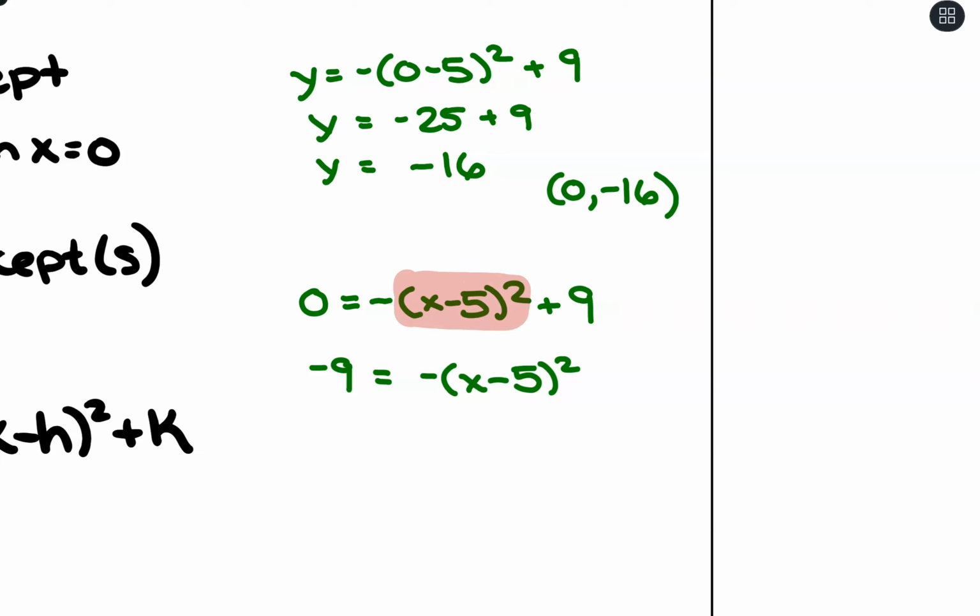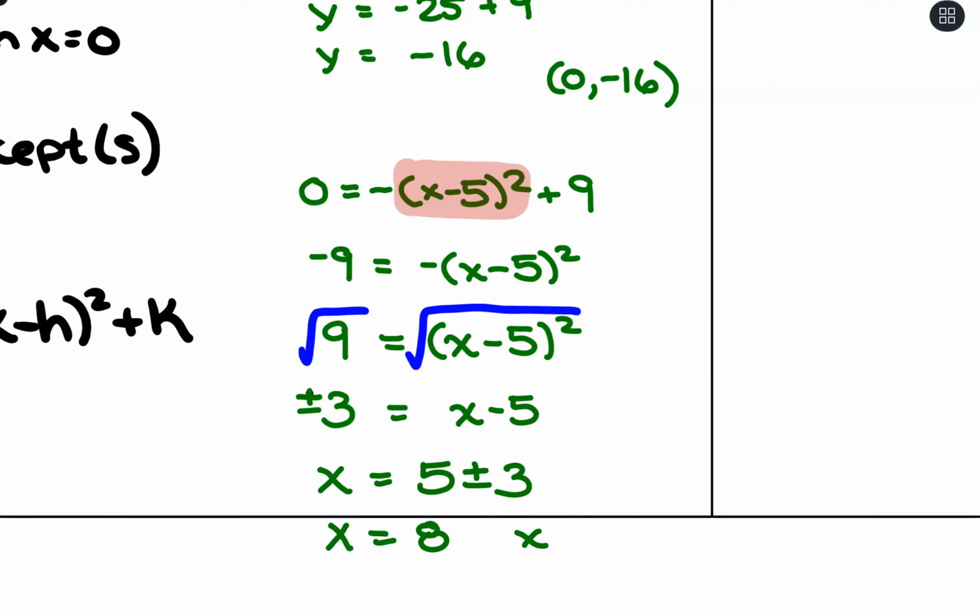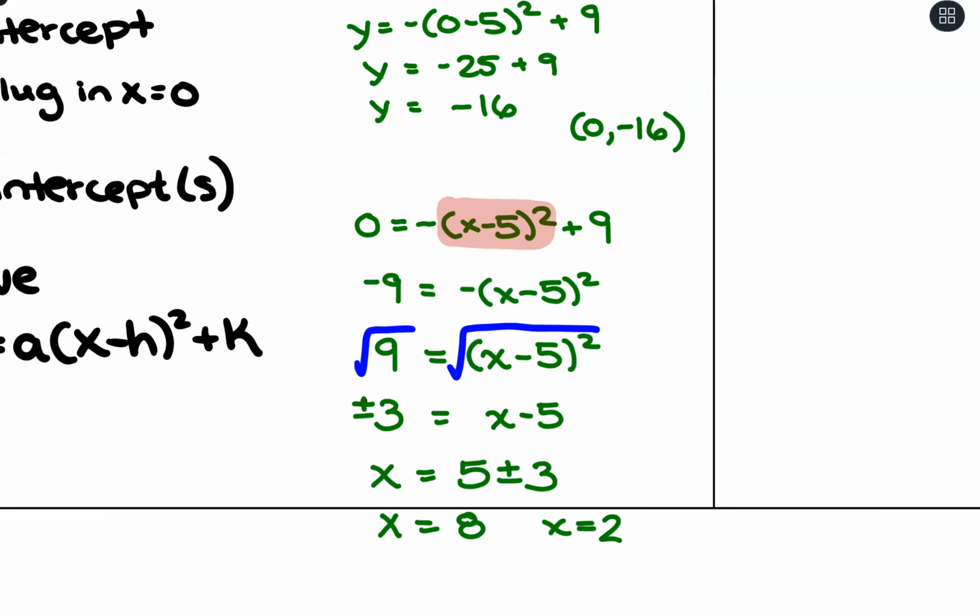I have that negative 1, so I'm going to divide it away, so 9 equals positive (x minus 5) squared. Now I can take the square root of both sides. So we have plus or minus 3 equals x minus 5. Add 5 to both sides, so 5 plus or minus 3, so we get x equals 8, or x equals 2.